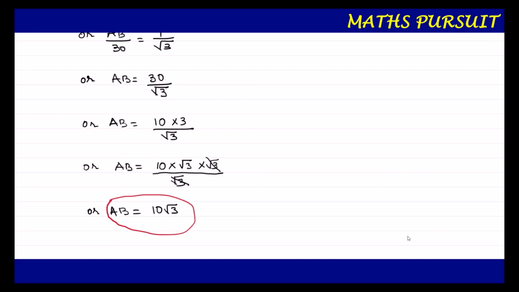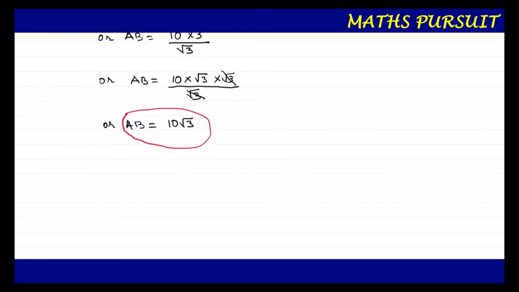So at the end of the answer, we can say that the height of the tower is 10 root 3 meter, because the question has given us in meter.